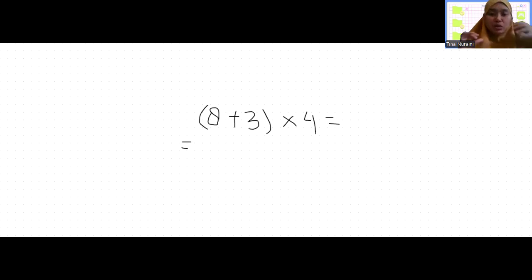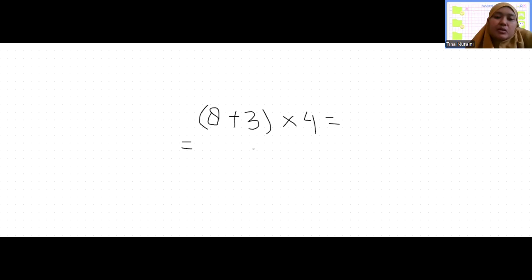Okay, I want to tell you about the problem for the question. First you solve the parentheses. If you know x plus 3, what is the result? The result is 11.